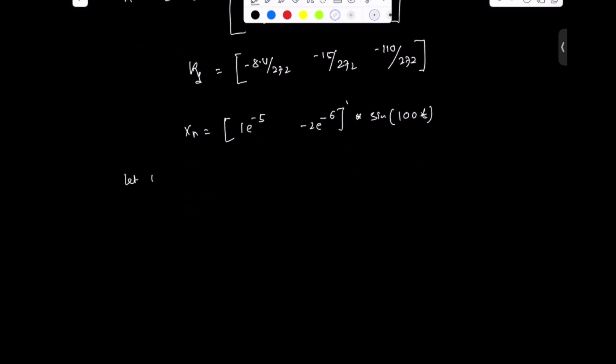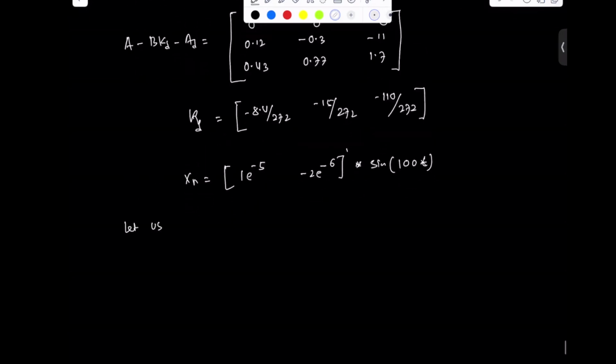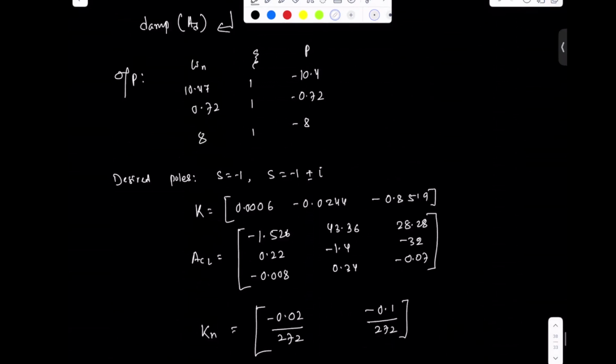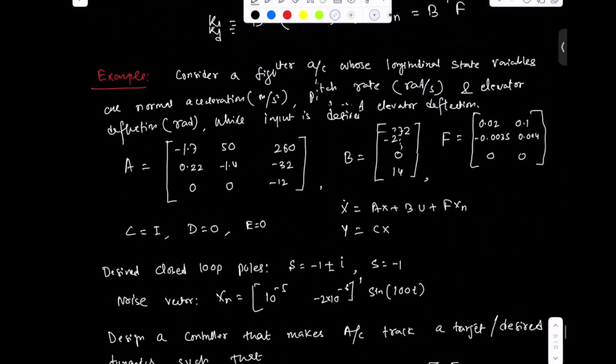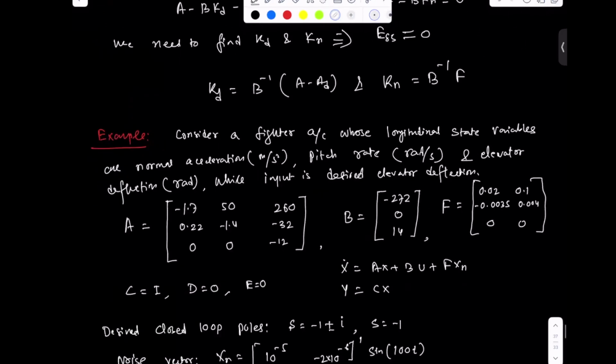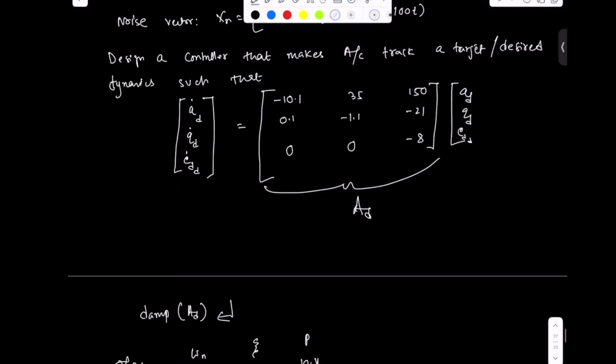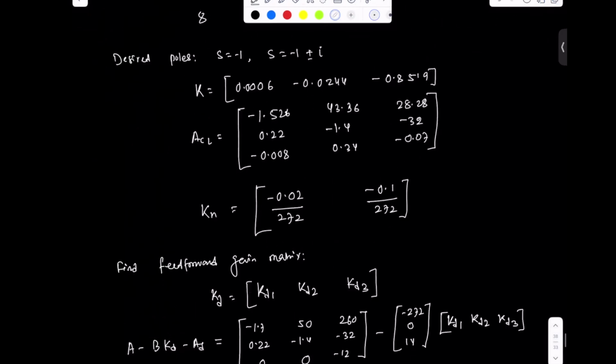Since we are assuming the reference dynamics in the form of a dynamic equation, to find the solution XD from this dynamic equation, we should have the initial condition. To solve any dynamic equation, we should have the initial condition.